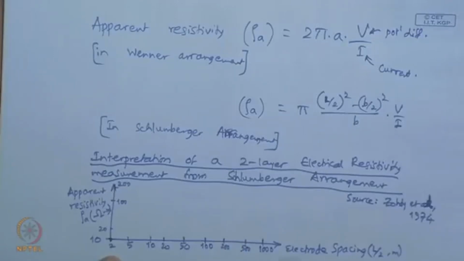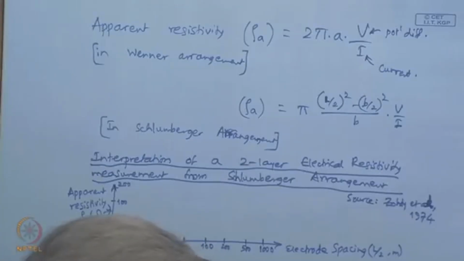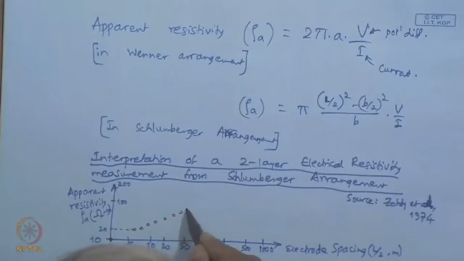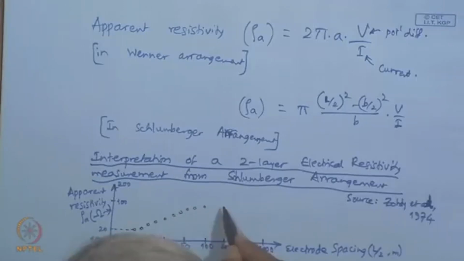In this case there are basically two curves: the theoretical curve and the observed curve.